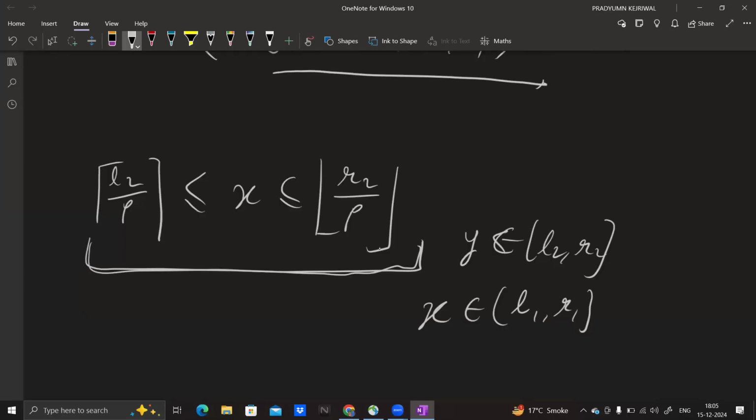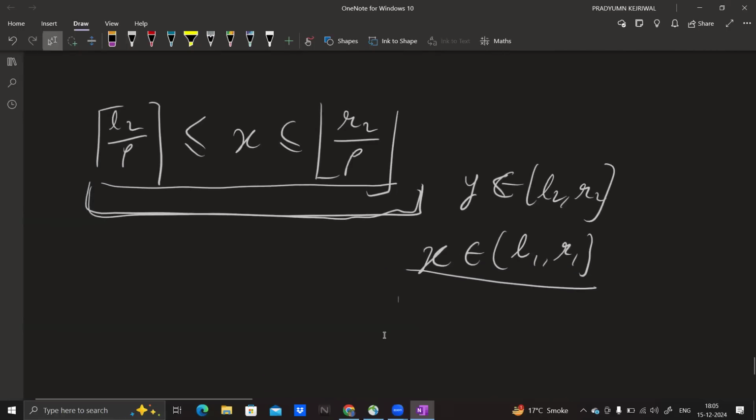So we have one interval for x here and one for x here, and we want both of them to be true. Therefore, we just take the intersection of both these intervals. This interval and this interval, we take the intersection.